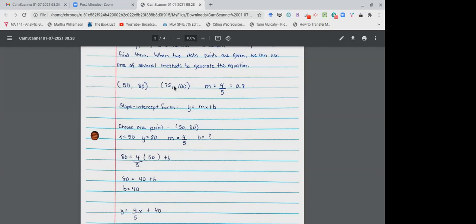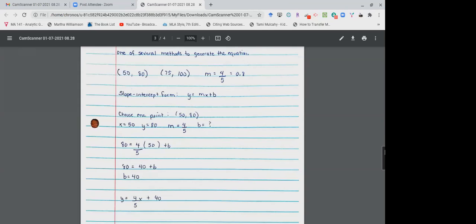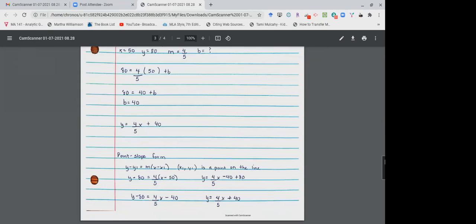So we put 80 where y is, because this is a point xy. 4/5 times 50 plus b, do some algebra, and b is 40. Now, we end up with y is 4/5 x plus 40. If I choose to use point slope form, I have y minus y1 equals m times x minus x1, where x1, y1 is a point on the line.